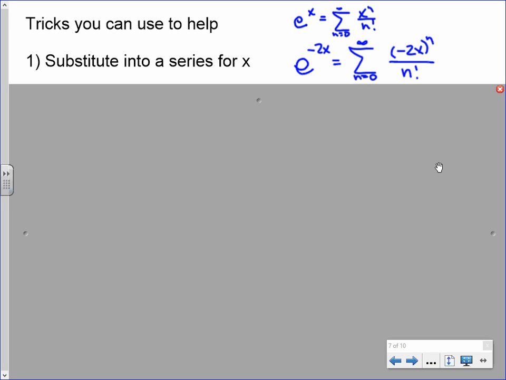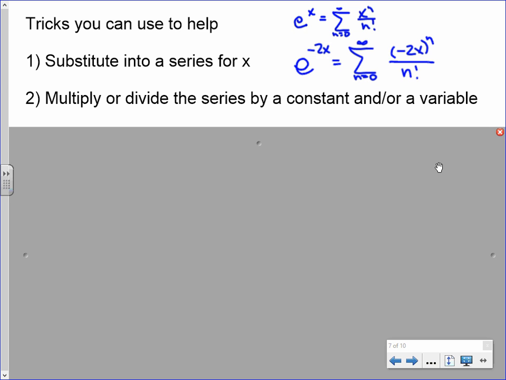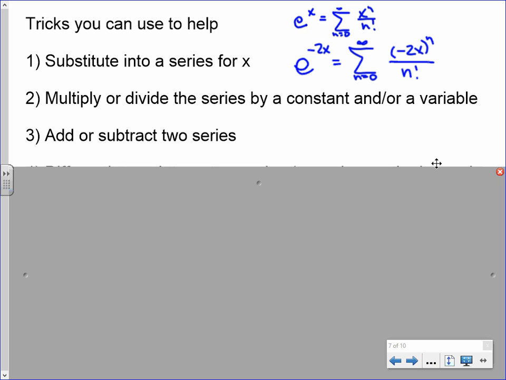You can multiply or divide the series by a constant or a variable such as x. We're going to do an example here pretty soon of x cosine of x. You are allowed to add or subtract two series.